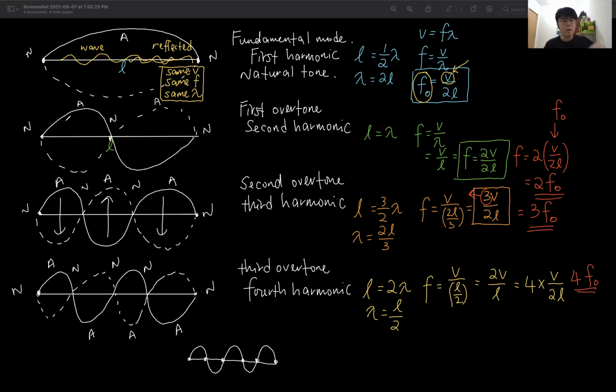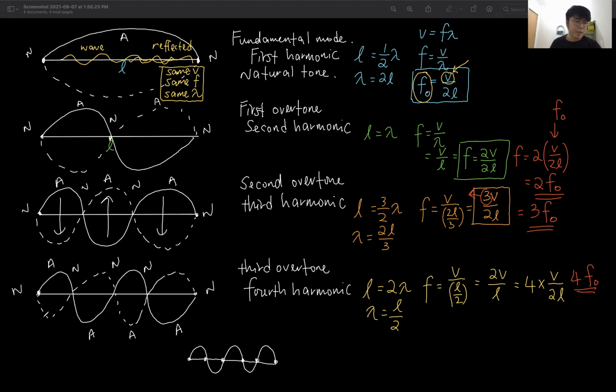So as you go up 1 tone, first overtone, second overtone, third overtone, what is happening to the frequency? The frequency become twice of it, 3 times, 4 times, 5 times, 6 times, and so on and so forth.